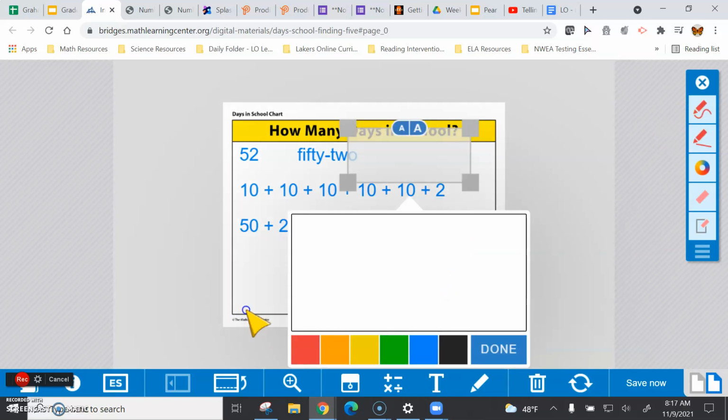And today I wanted to add a different math fact. Are you ready for this? We're trying to make 52.